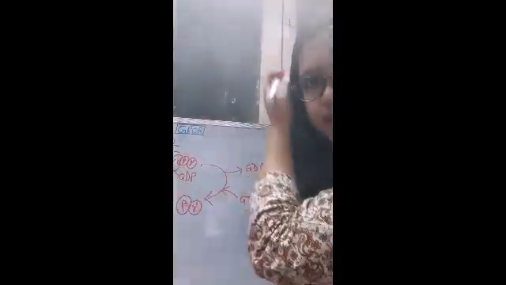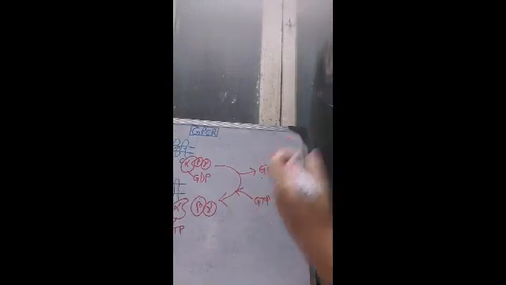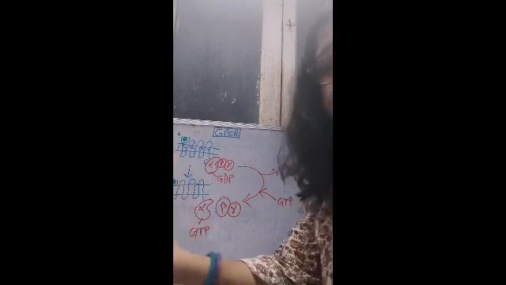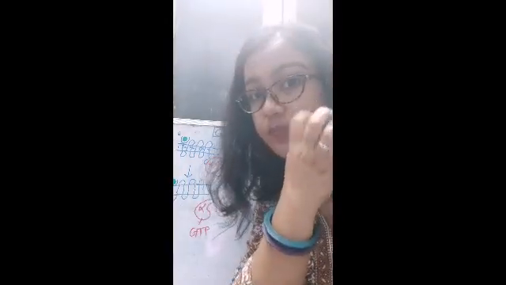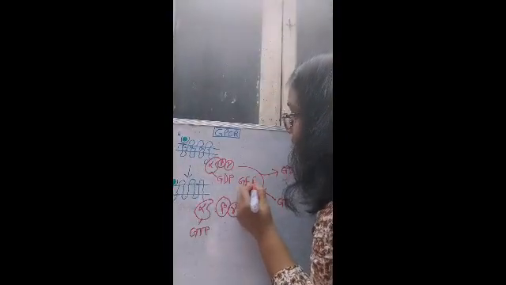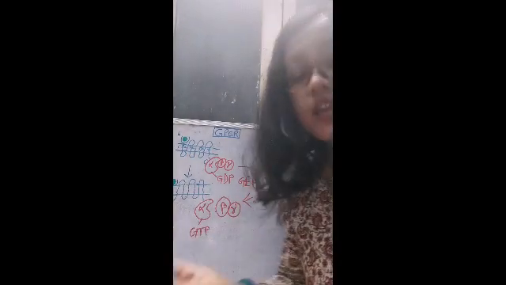This activity is done by the activated receptor, the stimulated receptor. What is this activity? GDP moving out and GTP coming in its place. This activity is called GEF. GEF means guanine nucleotide exchange factor.